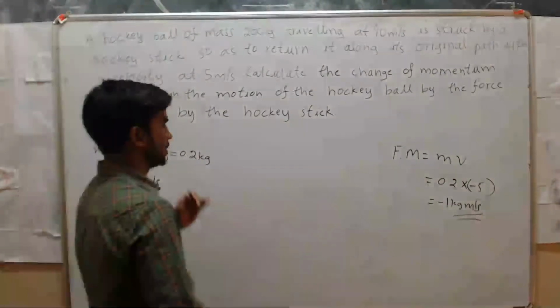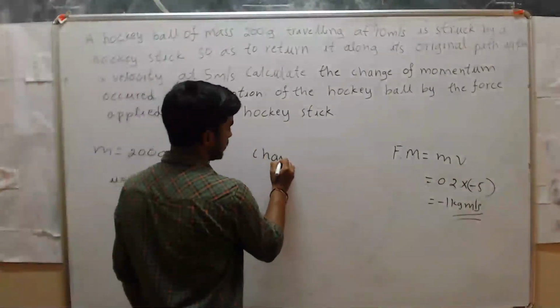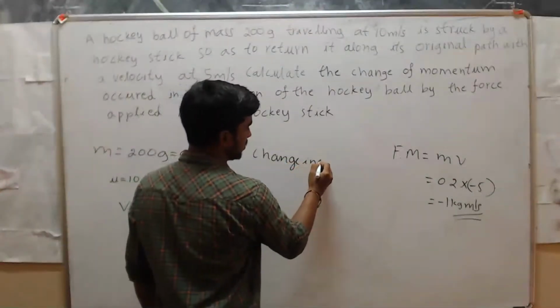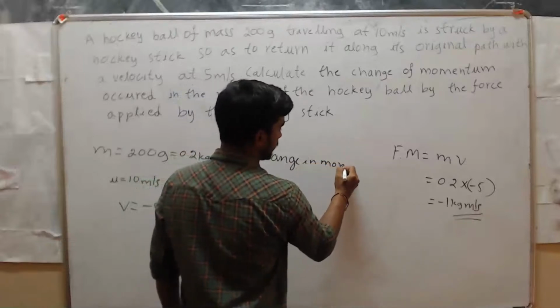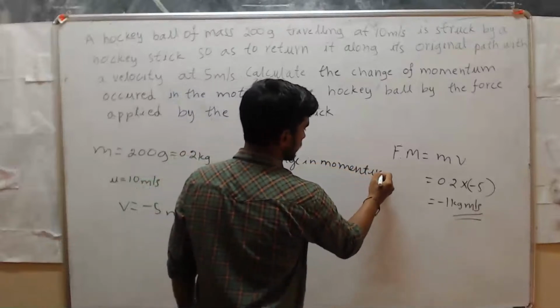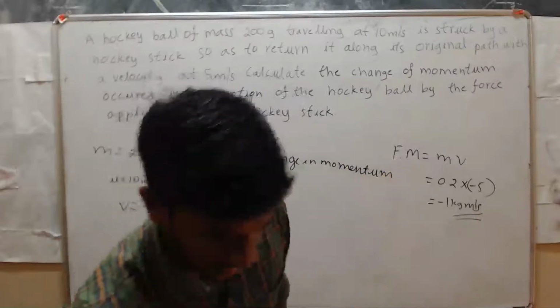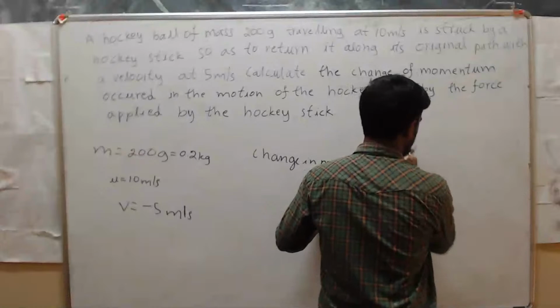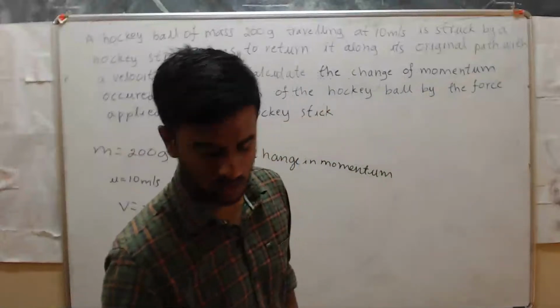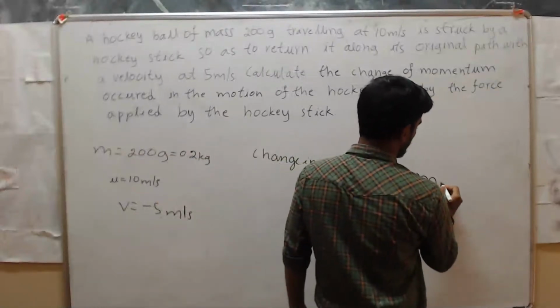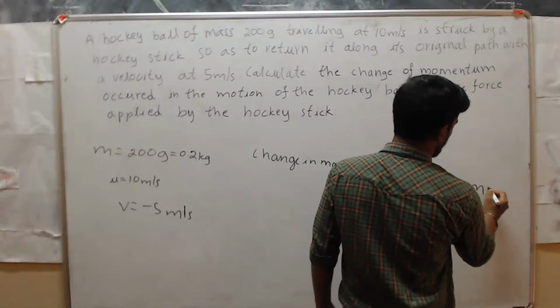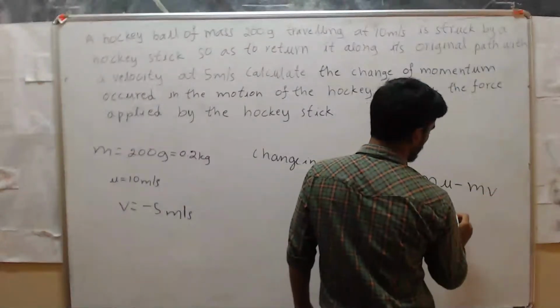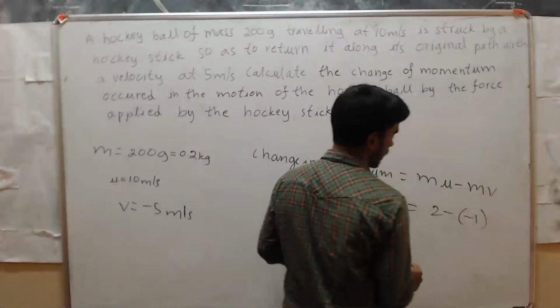Okay, so change in momentum. That is the greater momentum minus the smaller one. So m into u minus m into v, that is 2 minus 1.